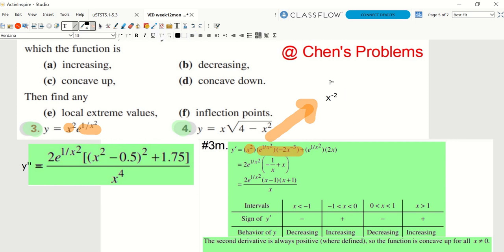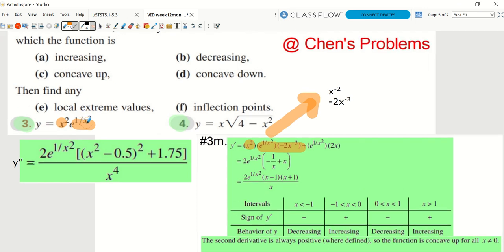And when you take the derivative of that, you'll get -2 x to the power of -3, like that.